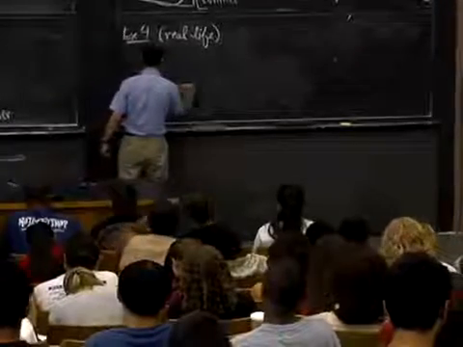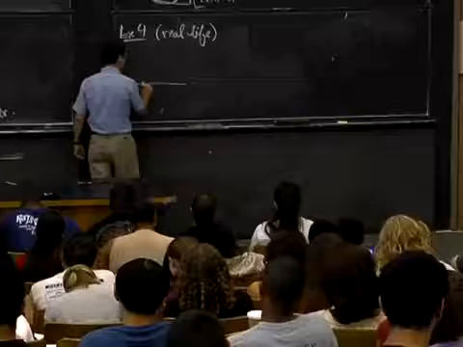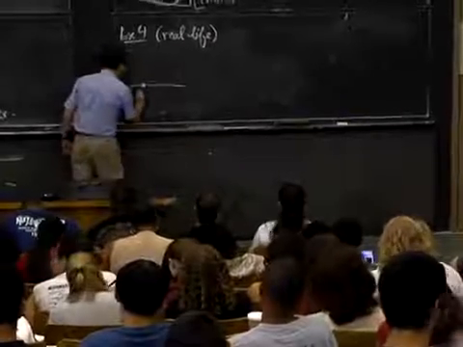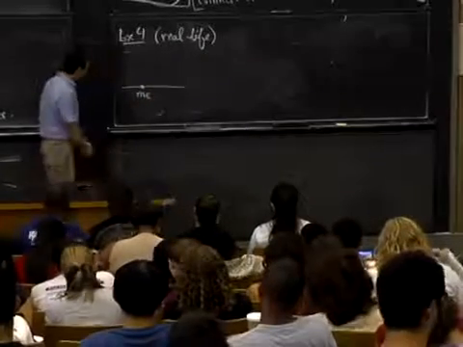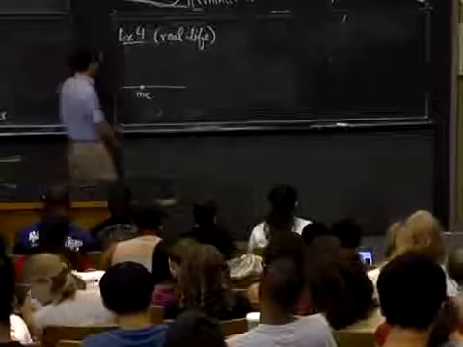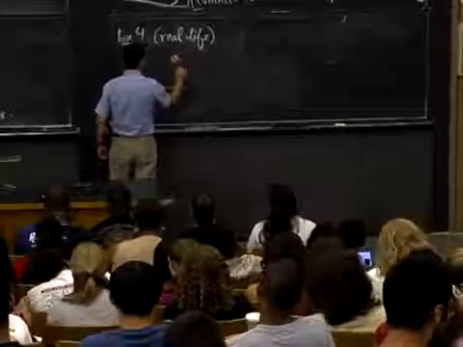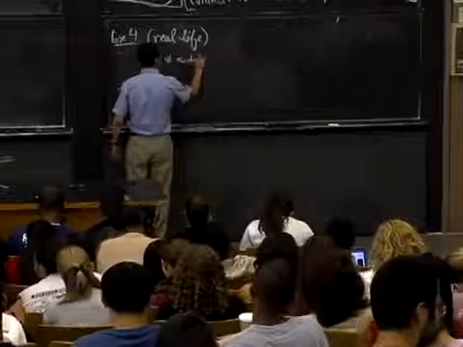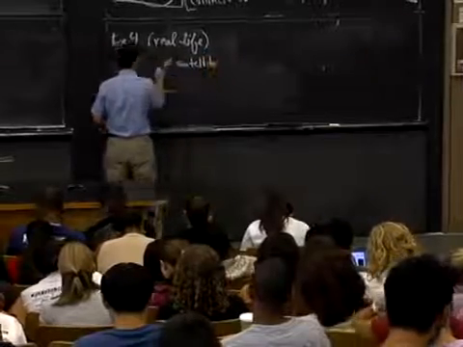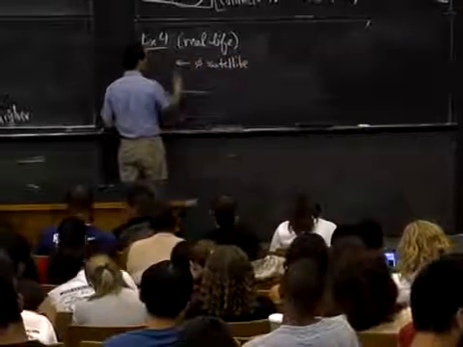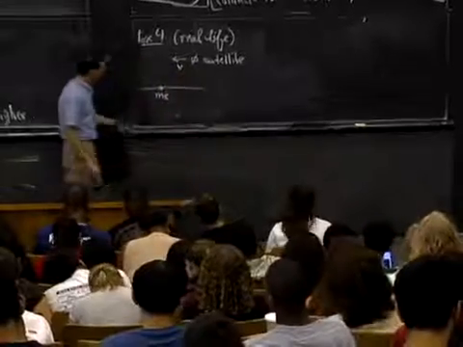So I like this example because it's got a lot of math as well as physics in it. So here I am on the surface of the Earth, and here is a satellite going this way at some velocity v, okay?